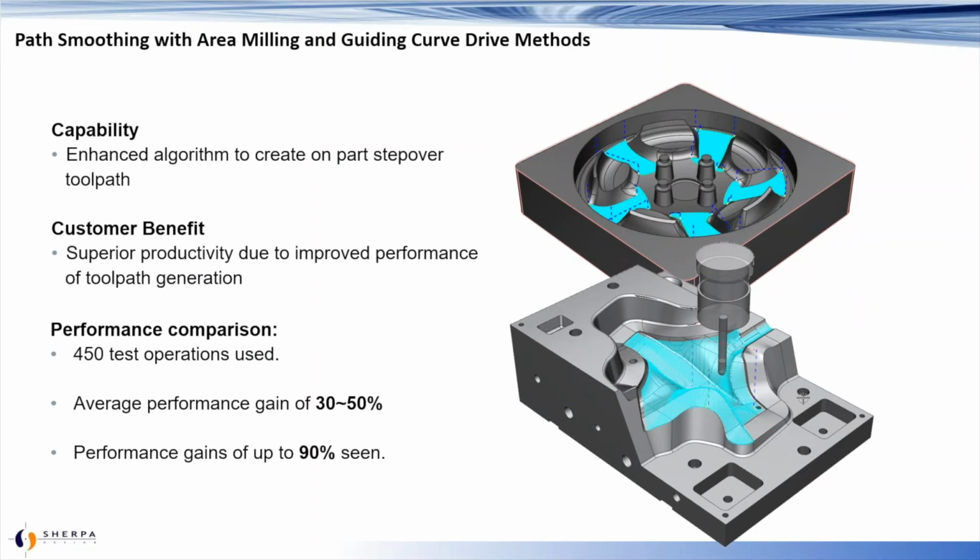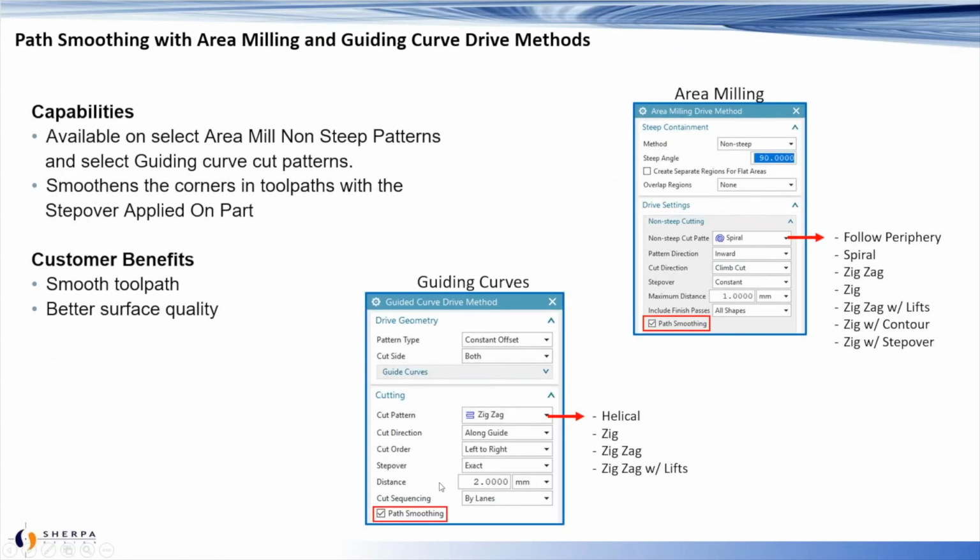A lot of times in NX for surfacing, we'll just do a right angle move. If you're trying to get a really nice surface finish, that could cause a little bit of a mark. So Siemens has now put path smoothing inside both area milling and guide curves.